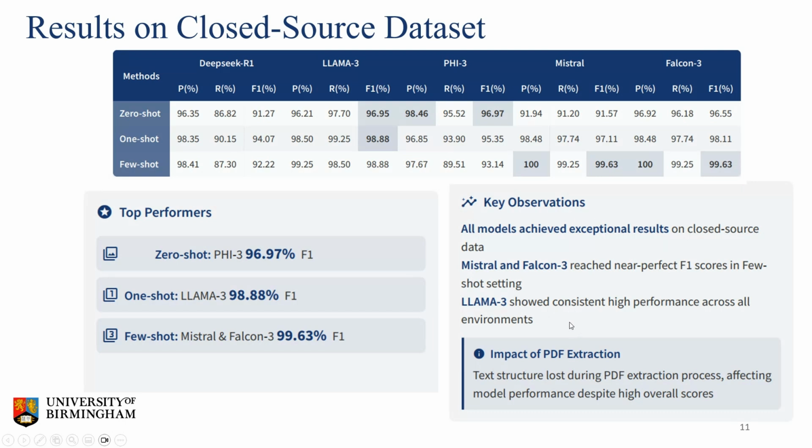While extracting the text from these entities using existing text extraction tools, the structure of the text is lost during extraction, which presented additional challenges. However, all open source models maintain strong performance above 95% F1 score.